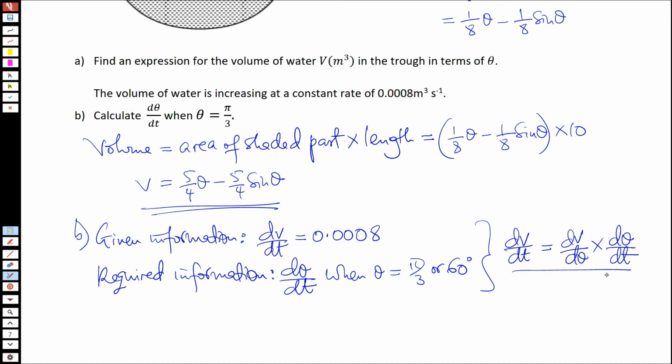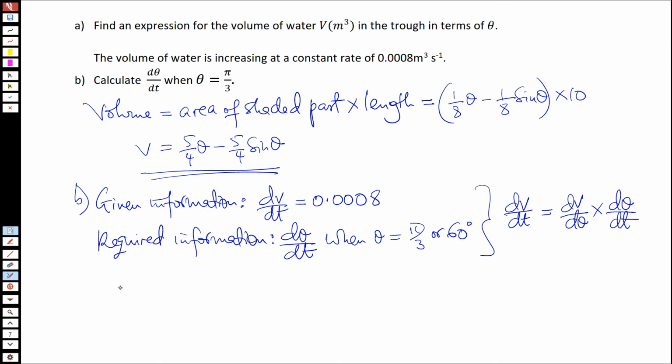So we can apply this to be able to find what is required, which is d theta over dt, using what you're given, which is dv over dt. Now, dv over d theta can be found if we differentiate this with respect to theta and then plug in 60 degrees. So let's do that.